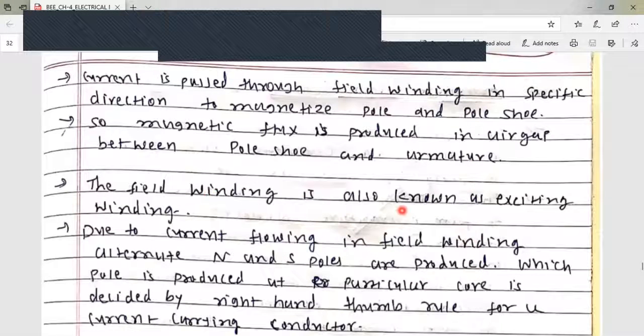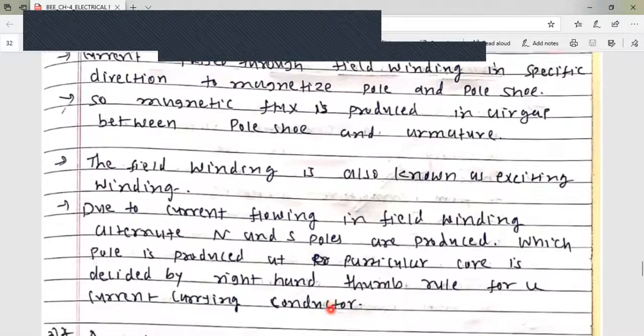Field winding is also known as exciting winding because we excite the DC machine, DC motor, by applying the external supply to this field winding. So, due to current flowing in the field winding, alternate poles are produced. Which pole is produced at a particular core is decided by the right-hand thumb rule for a current carrying conductor.